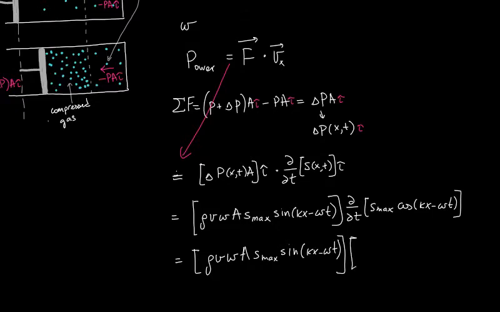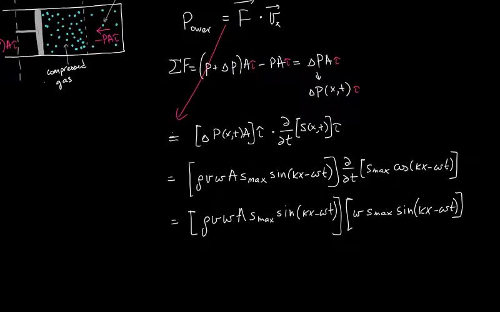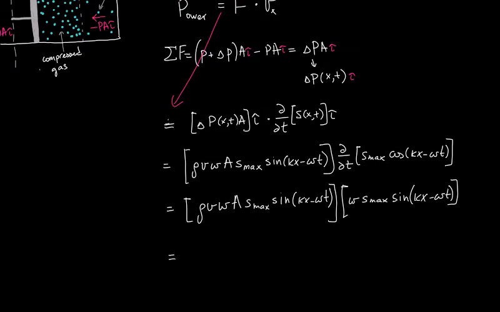That would be omega s max sine(kx minus omega t). Okay, so if we simplify this, we will get rho v omega squared A s max squared sine squared(kx minus omega t).